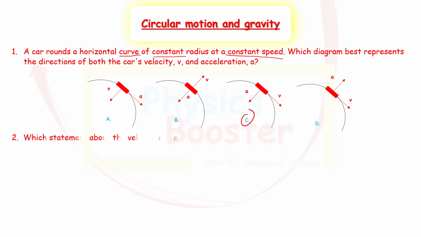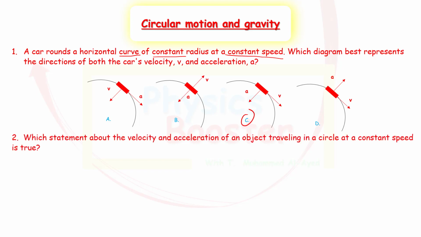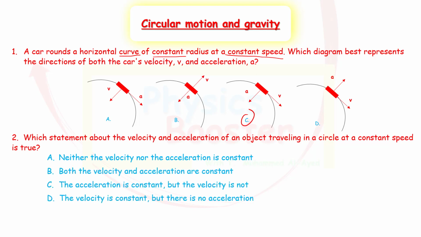Now for question number 2. Which statement about the velocity and acceleration of an object traveling in a circle at a constant speed is true? Again, it's asking about uniform circular motion. A: Neither the velocity nor the acceleration is constant. B: Both are constant. C: The acceleration is constant, but the velocity is not. D: The velocity is constant, but the acceleration is not. Well, the true answer is A. Some of you are going to say why? Because we mentioned before that the acceleration has an equation and the velocity has an equation, and they must be constant.